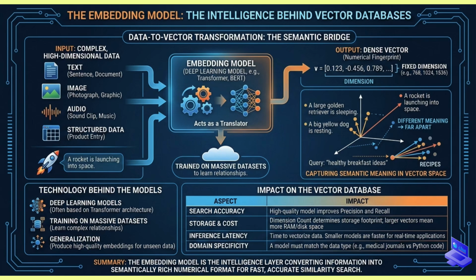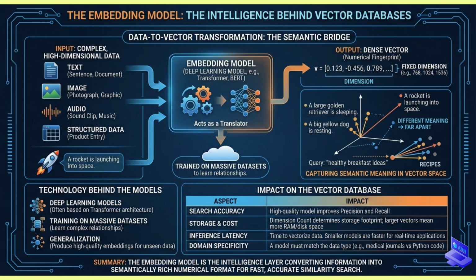It produces a list of floating point numbers known as a vector. This vector is the embedding. The length of this vector is fixed for a given model. This vector is a numerical fingerprint or dense representation of the input data. The key property is that the meaning or semantic content of the original data is captured in the vector's position within the vector space.